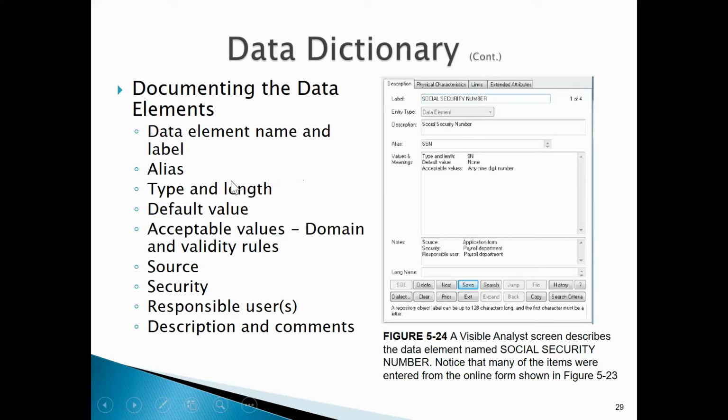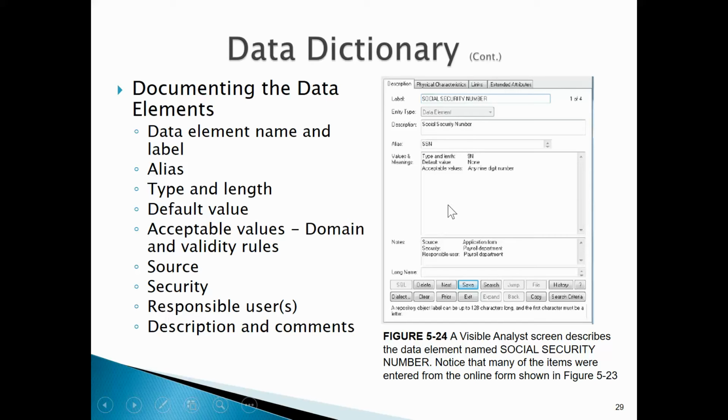So we'll discuss the length, if it has a default value. So for example, if we're building a database for the Redmond Airport, most likely the airport identifier will be RDM. And nearby airports, BND might be listed, those kind of things, okay? So it depends on what we're doing.